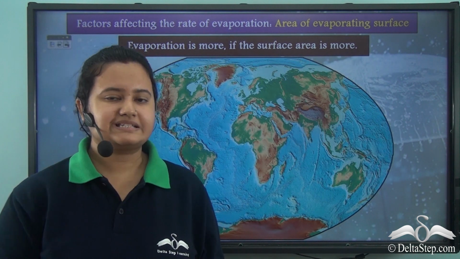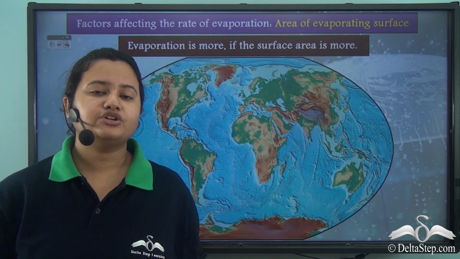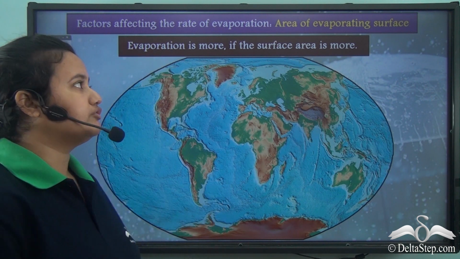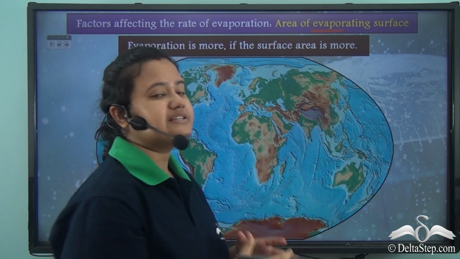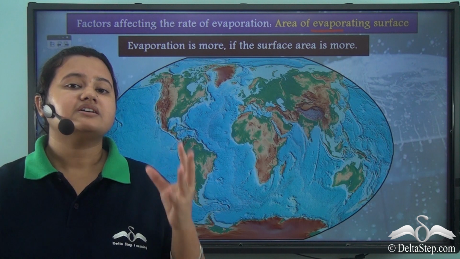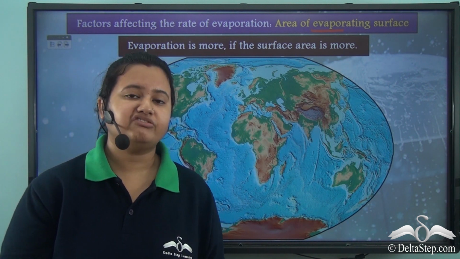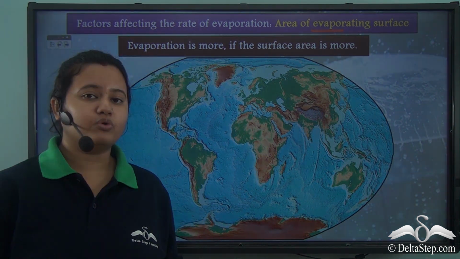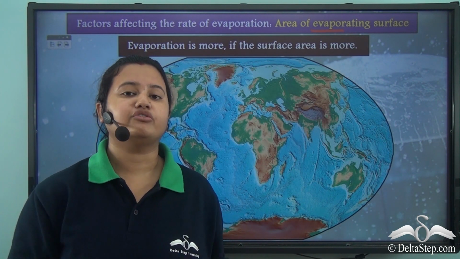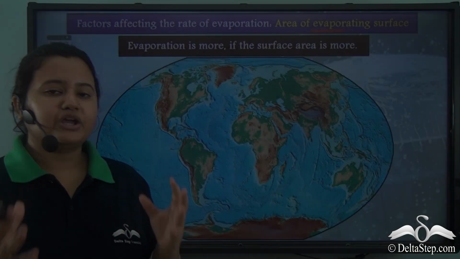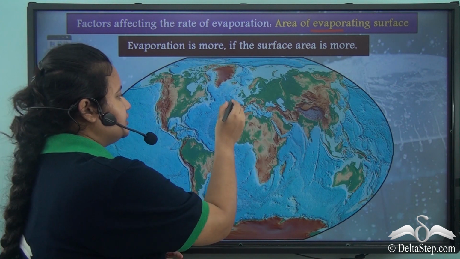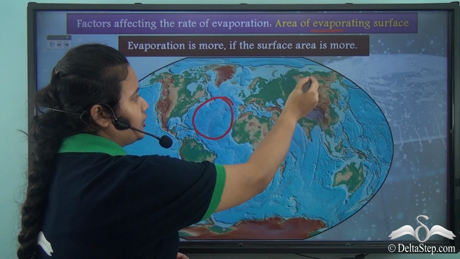So in the previous slide, we saw that the rate of evaporation is more if the surface area of the evaporating body is more. This is because evaporation is a surface phenomenon. So if the surface area is more, then more water molecules will escape from the surface of the evaporating body. Because of this, the rate of evaporation is more over the oceans than over the continents.